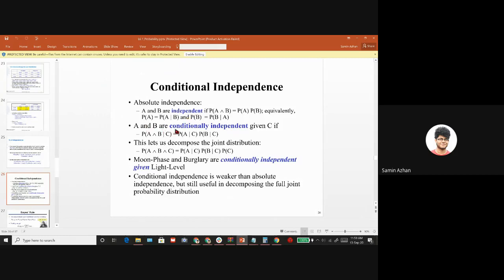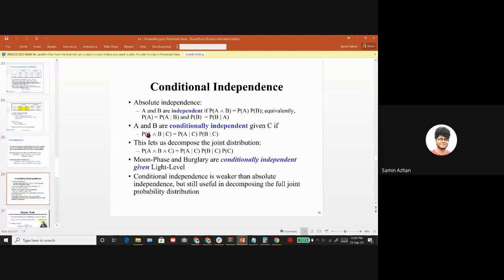And if we're trying to figure out if they're conditionally independent, it should follow this rule that the probability of A and B given C should equal the probability of A given C times the probability of B given C. Now, if we break down this equation a little more, you get something like this.